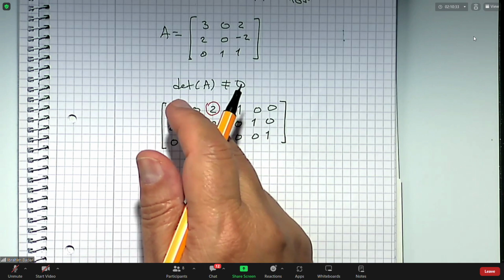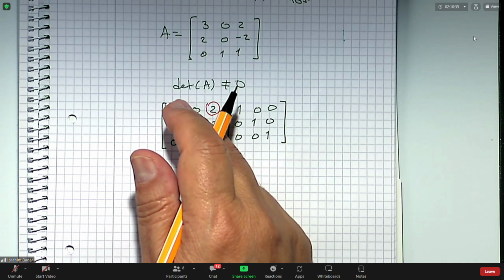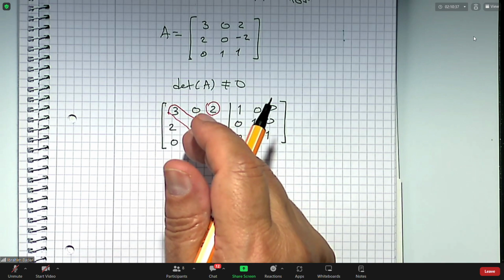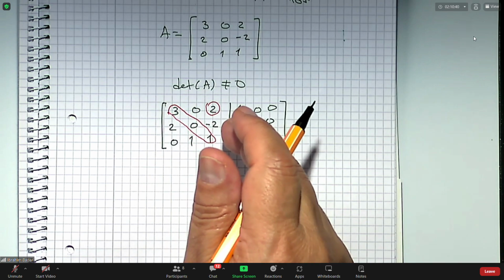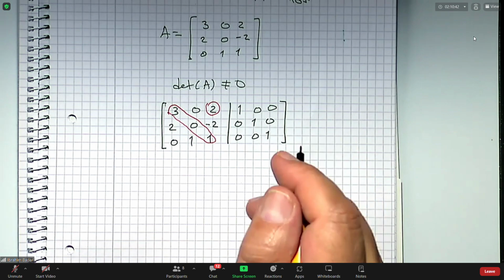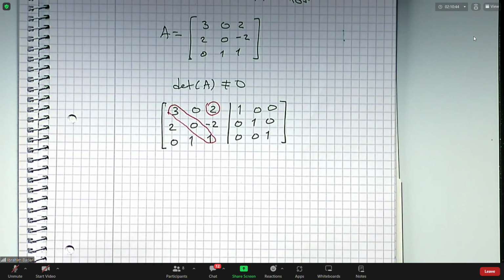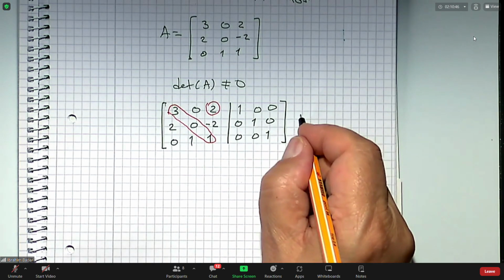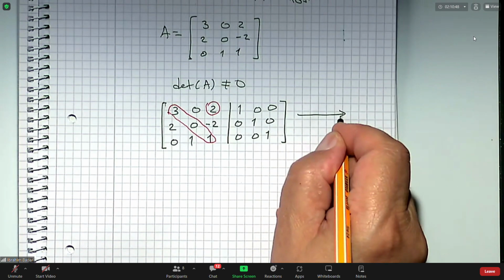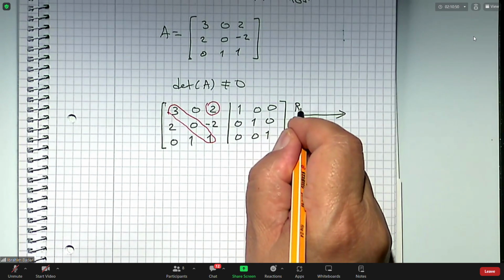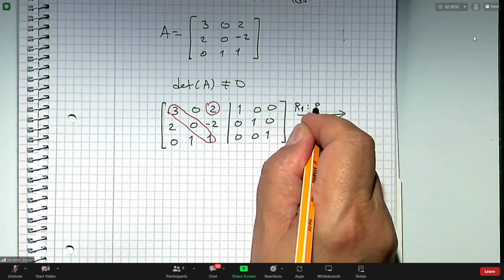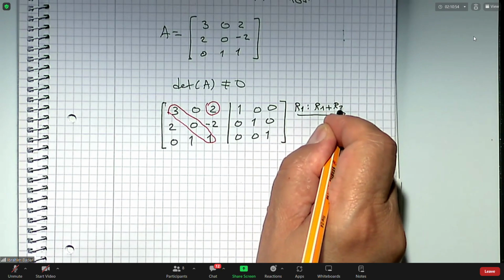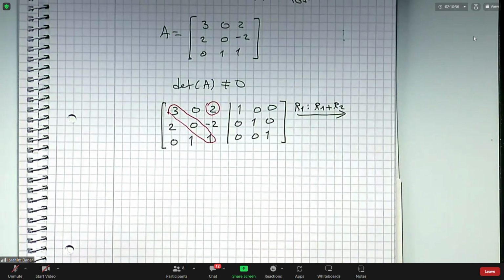So 2 plus 3. As we agreed before, I will be replacing row 1 with row 1 plus row 2. Just add these two rows because here you have 2 and -2.